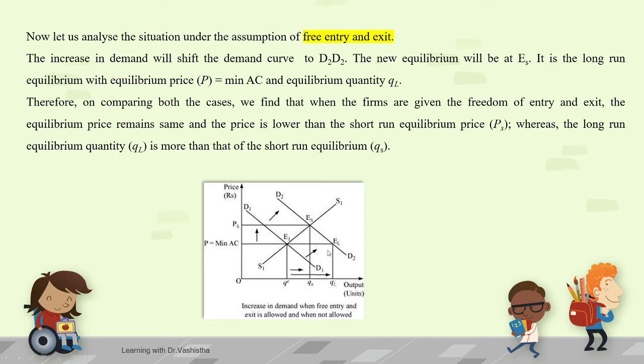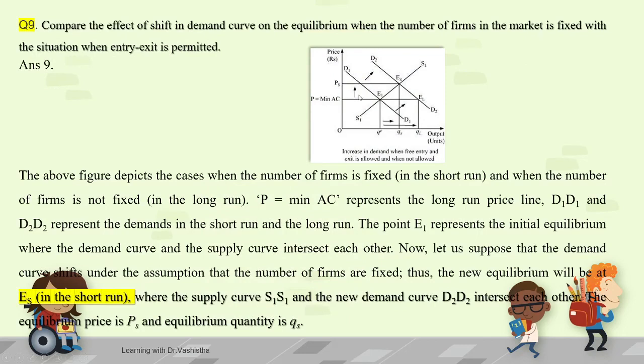Therefore, if we compare both the cases, we find that when the firms are given the freedom of entry and exit, the equilibrium price is the same here, and the price is lower than the short run equilibrium price.